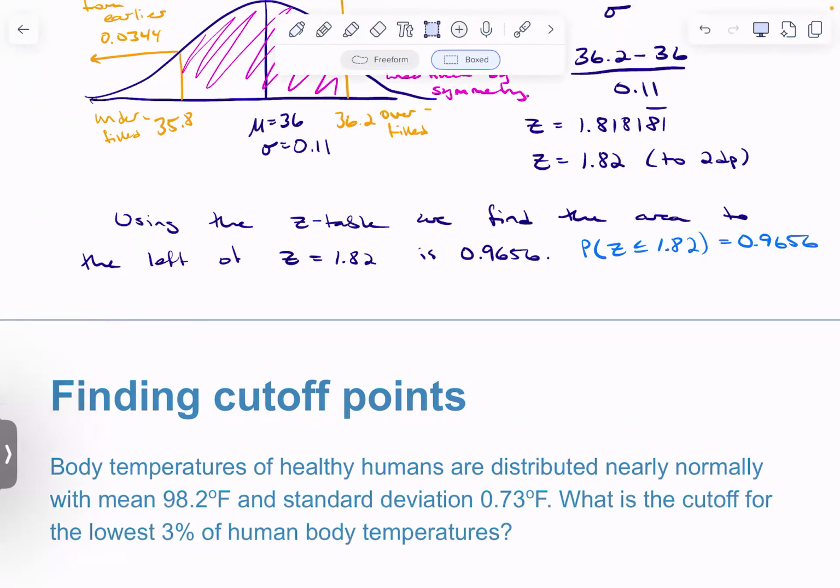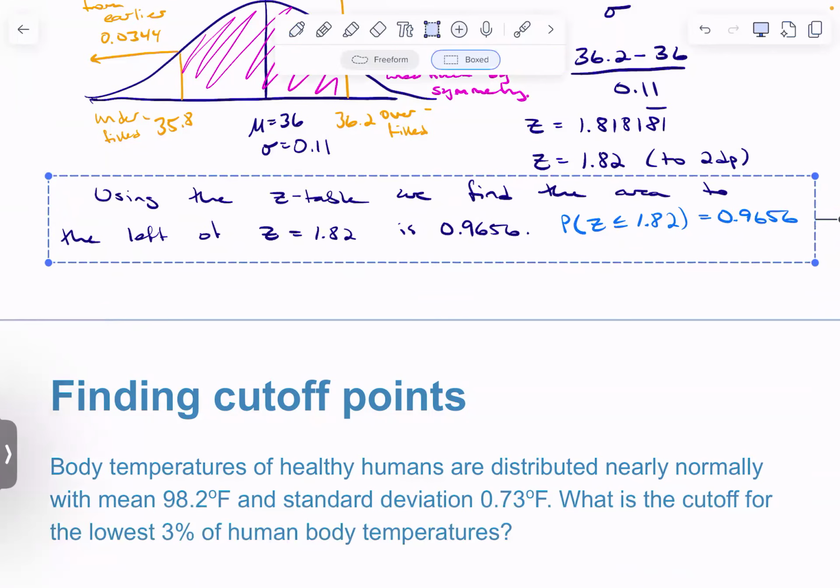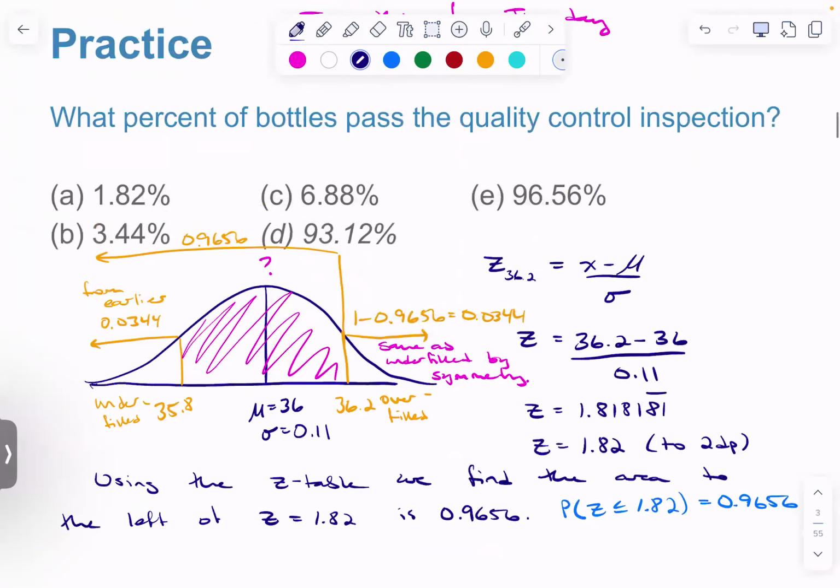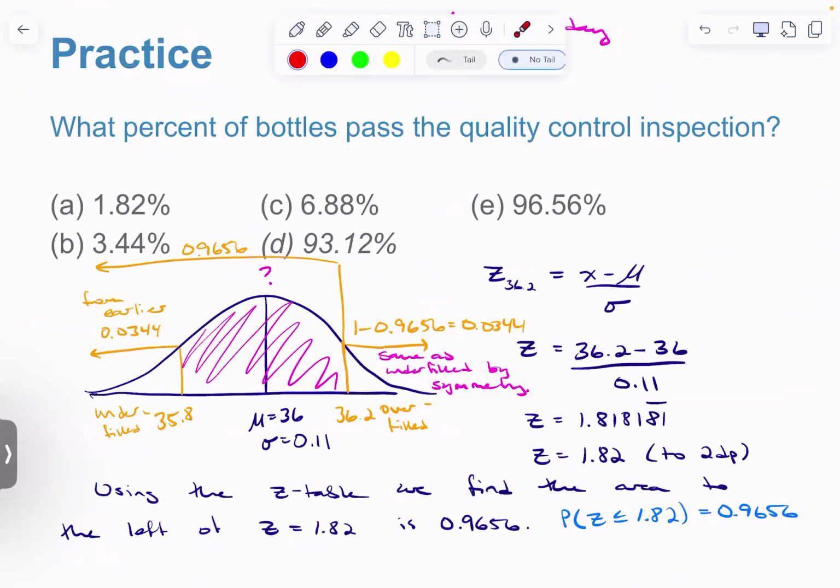Oh, and I need just a little bit more room, so I'm going to bump this up a smidge here. Because what we're really trying to find is the percentage of bottles that pass the quality control inspection. So we're really looking for this area here, right? Lots of ways you could find it. I have this area, 0.9656, and I have this area that I want to subtract from there, that's a nice way to do it.